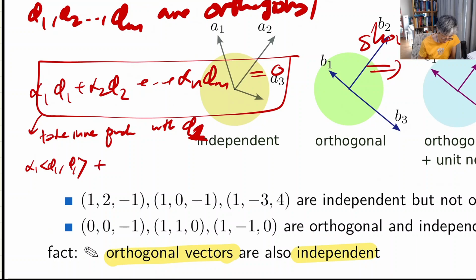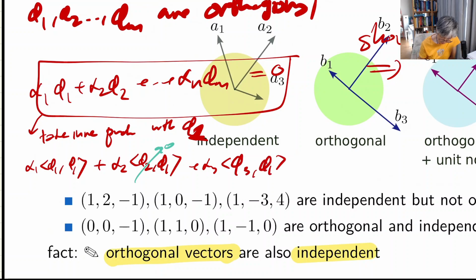And then when I take the other inner product, I would get 0, right? Because my... let me just write it down and say it at once. Okay.